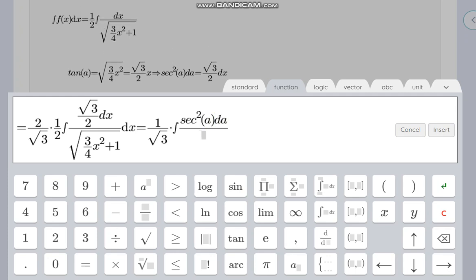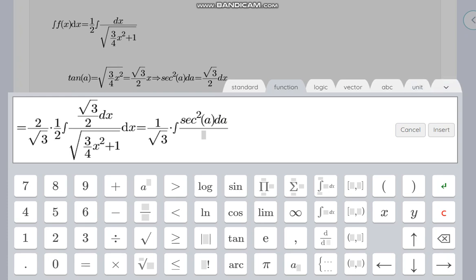And in the denominator, note that we made an equivalence: the square root of 3/4 of x squared is equal to tangent of a. Now, if we square both sides, 3/4 of x squared equals tangent squared of a, and that's what we have under this square root.